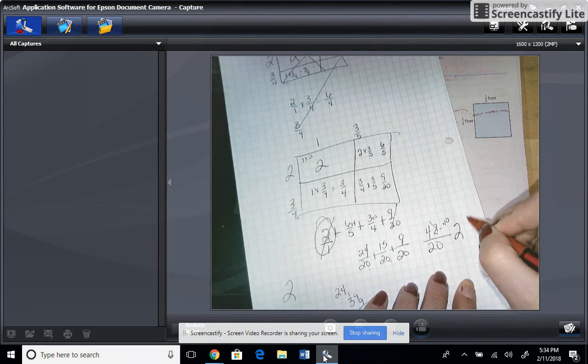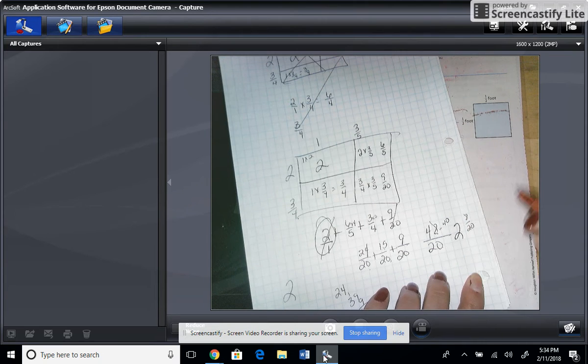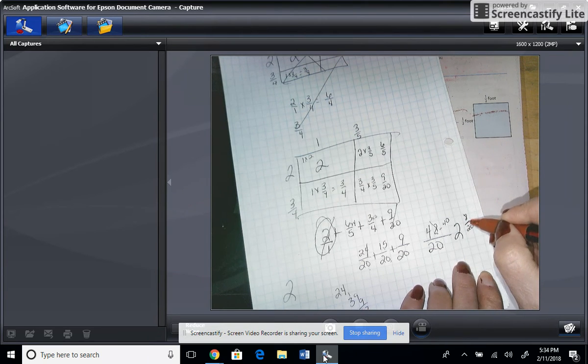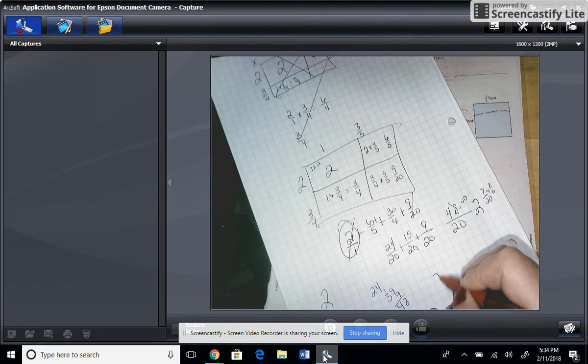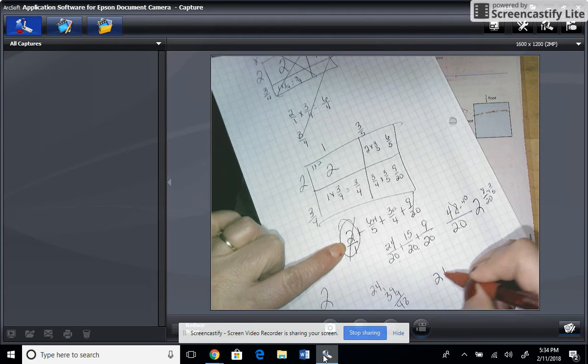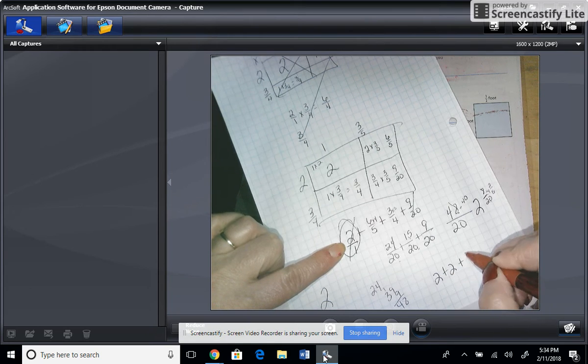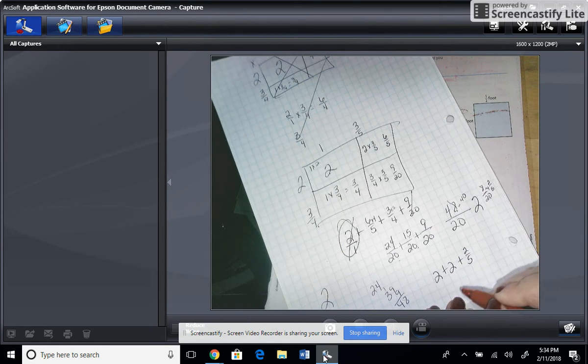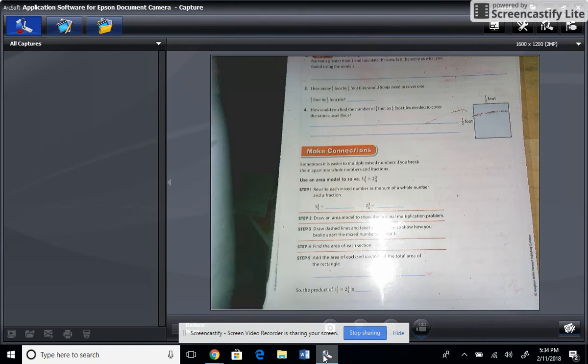And I can still simplify that by saying I know 4 goes into 8, and I know 4 goes into 20. So I'm going to divide them both by 4, and I get 2/5. So now I have 2, the 2 I had earlier, plus 2 more, plus 2/5. And then I add that all up, and I get 4 2/5. So my answer down here is 4 2/5.